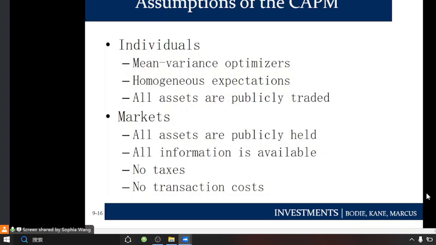Homogeneous expectation, and all assets can be publicly traded. Actually, we know that not all the assets can be publicly traded. Sometimes they are traded in another place or another way. So this cannot be considered here.